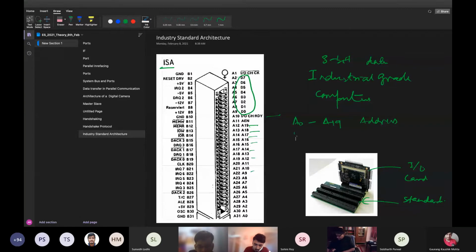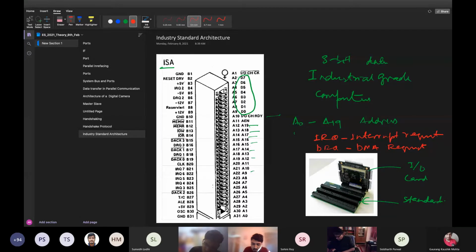We'll talk about it. It will come from the external device as an input here. DRQ, also known as direct memory access request. Then memory write, memory read, IO write, IO read.